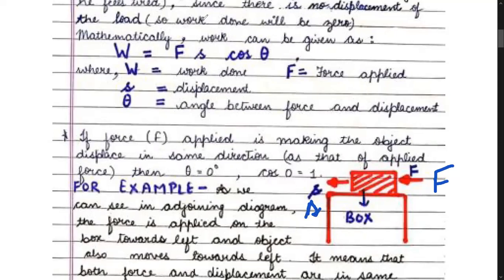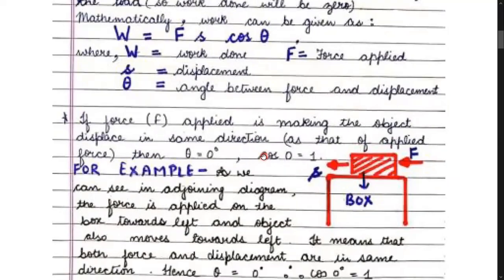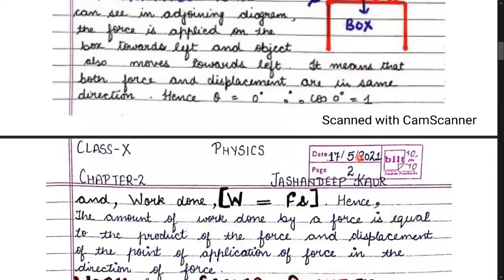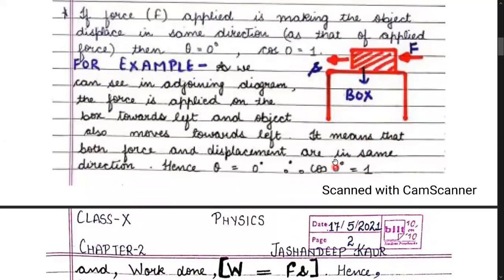So whenever the two quantities act in the same direction or are parallel to each other, we say the angle made between them is 0 degree. And children, cos 0 is how much? Cos 0 is 1. As you can see in the diagram, the force is applied on a box towards left and the object also moves towards left. It means that both force and displacement are in the same direction and hence theta is 0 degree.